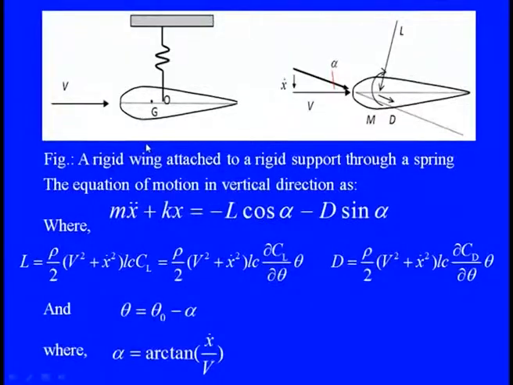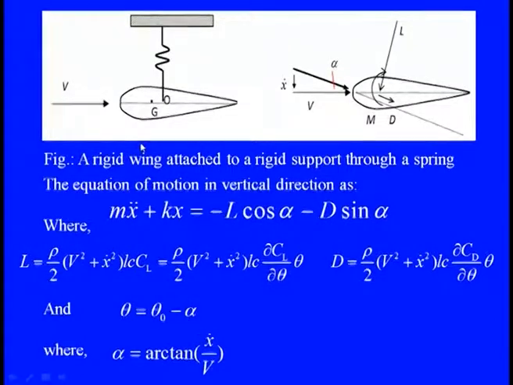This randomness, because of the turbulent flow of air, causes entirely random vibration, which comes under the flutter feature, and flutter is a perfect phenomenon of self-excited vibration. So you can see here a rigid wing which is attached to that.